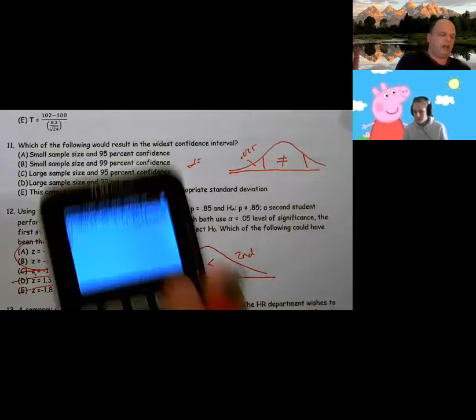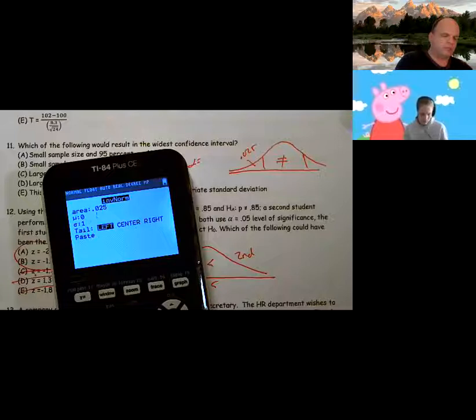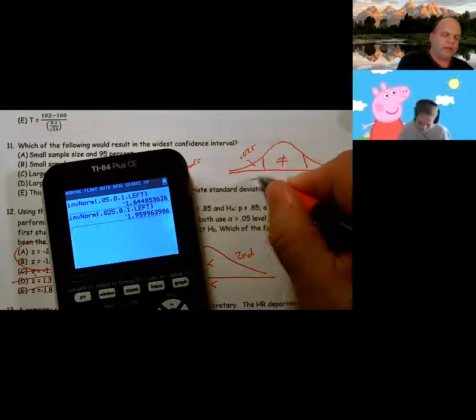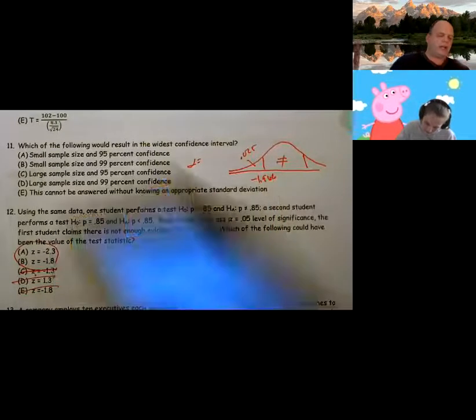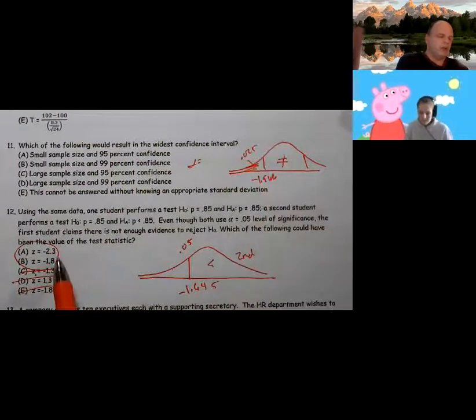Well, if I do second vars inverse norm of 0.025, I'd have this value be negative 1.96. So anything left of negative 1.96, they're rejecting.